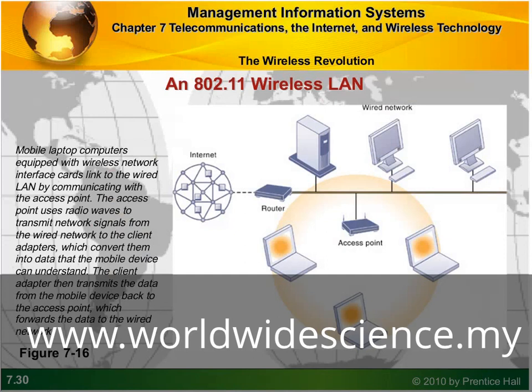For example, you can look at Cisco books or articles, or use the cisco.com website for information about computer networks, devices and technologies. But here in this example, you can see an 802.11 wireless LAN.